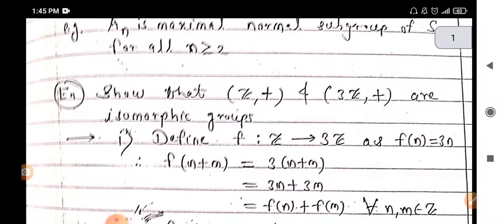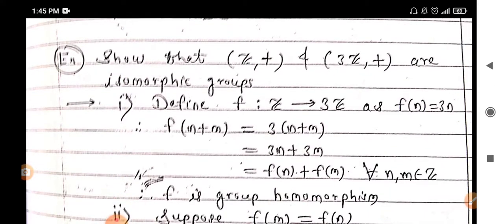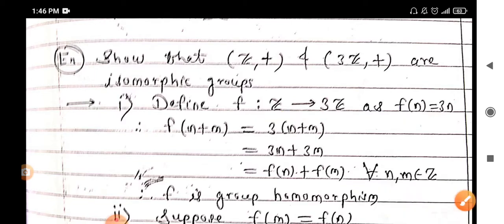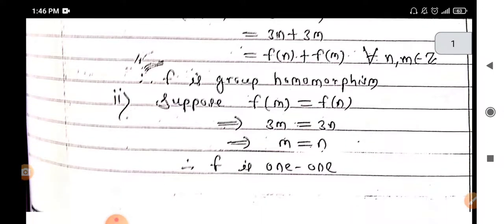Let us see an example, or solving some exercises from the previous topic. Show that (Z, +) and (3Z, +) are isomorphic groups. For this purpose we define a mapping f from Z to 3Z as f(n) = 3n. Then trivially addition is an operation in both domain and codomain. Then f(n + m) = 3(n + m), which is 3n + 3m. Therefore f is a group homomorphism.